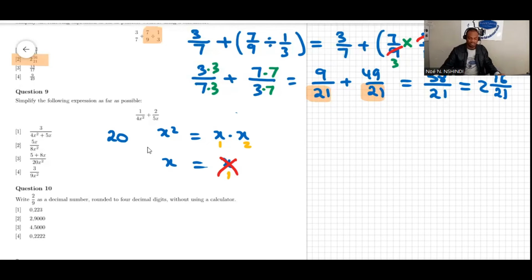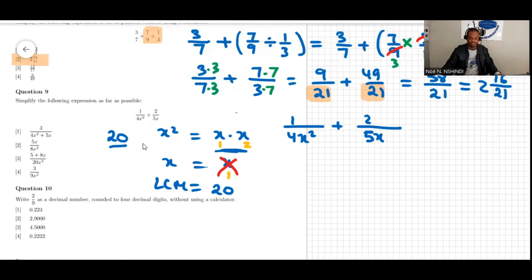So because I have 1 over 4x squared plus 2 over 5x, I need to make them equal to the LCM, as I said, is 20 and x squared.